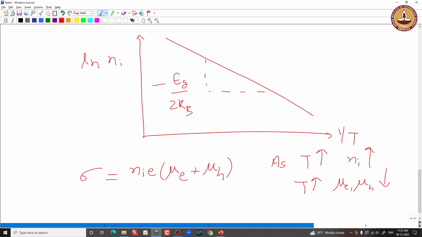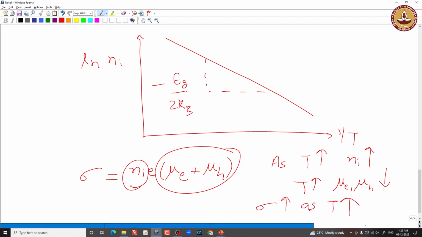So now we have two things. I have one term which increases as temperature increases, and two terms which actually decrease as temperature increases. But again, Ni is the term that dominates. So overall, sigma increases as temperature increases.